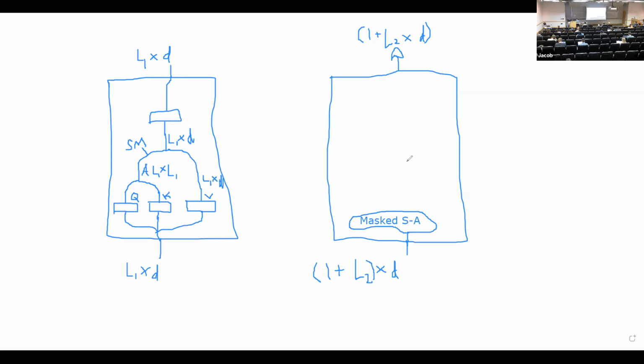So we are replacing what we just had with a layer that we've just named masked self-attention. And now you're going to take the output, and we want to have a final output of size 1 plus L2 by D.